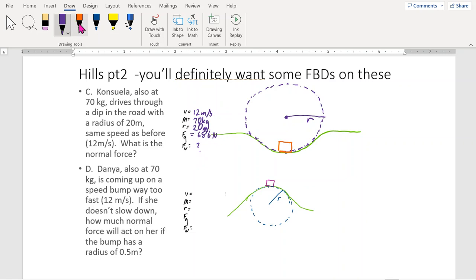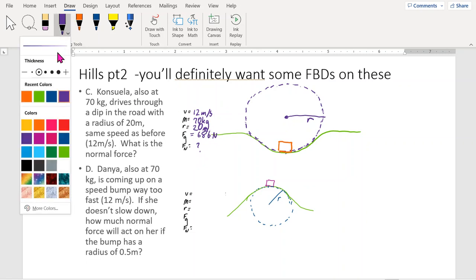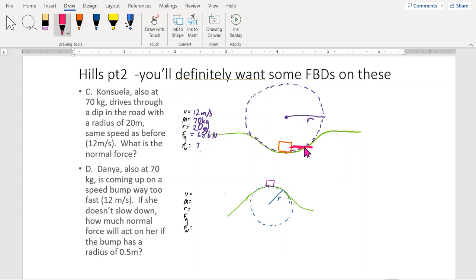Okay, so let's go ahead and change up some colors. Let's draw in, this is my velocity, and then we have centripetal force inwards, so centripetal acceleration is inwards.